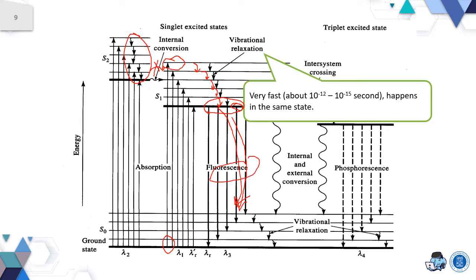Fluorescence will never happen going from a higher vibrational level and then going down. No, it will just go from the lowest point.